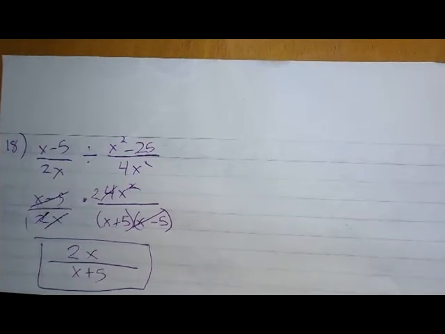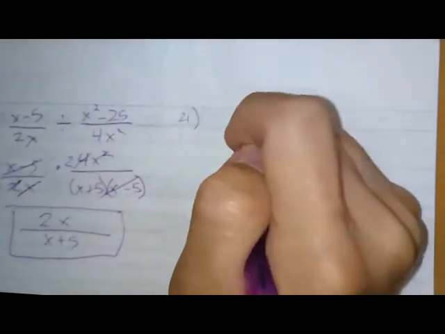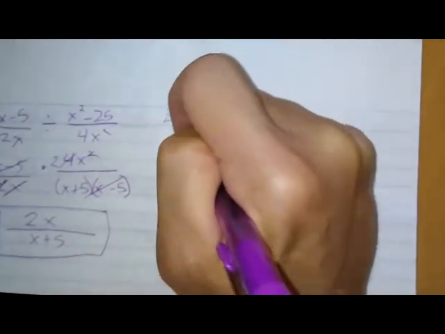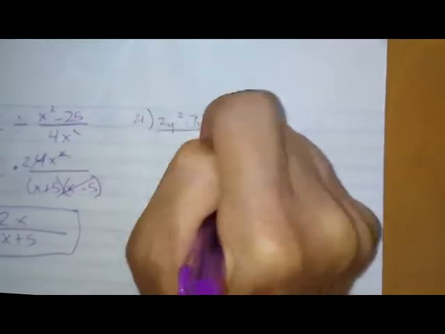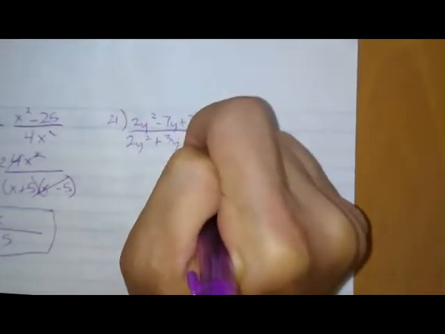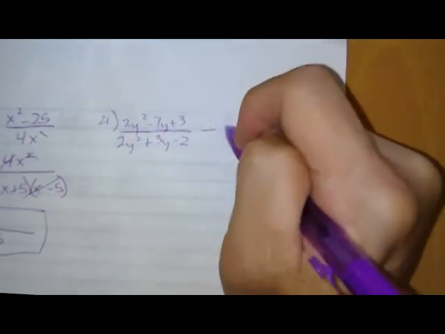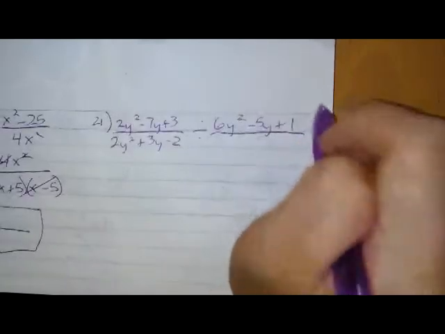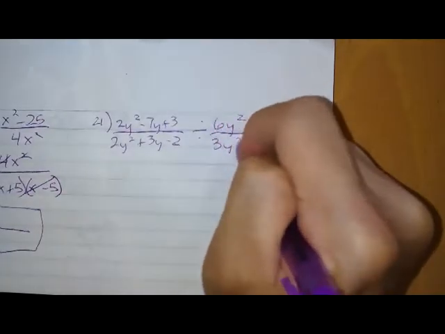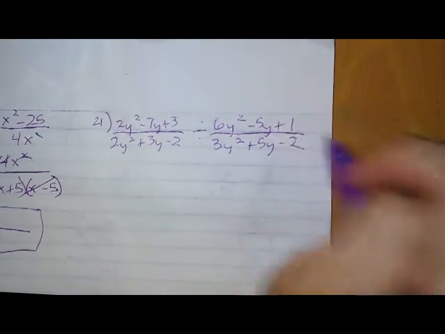Getting better? Okay, let's try it again. Number 21. 21 says, okay, 2y to the second minus 7y plus 3 over 2y to the second plus 3y minus 2 divided by 6y to the second minus 5y plus 1 over 3y to the second plus 5y minus 2.